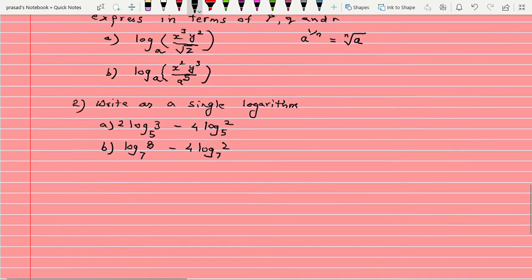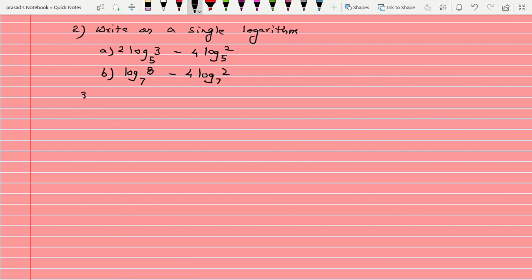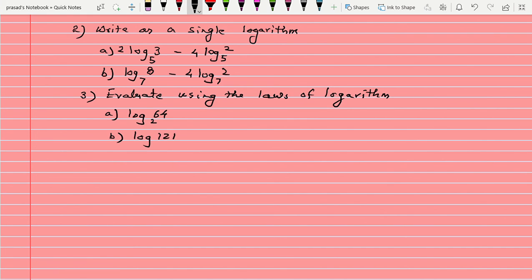And third problem here for practice, evaluate using the laws of logarithm: log 64 to base 2, and log 121 to base 11, and C, log square root of 8 to base 2.